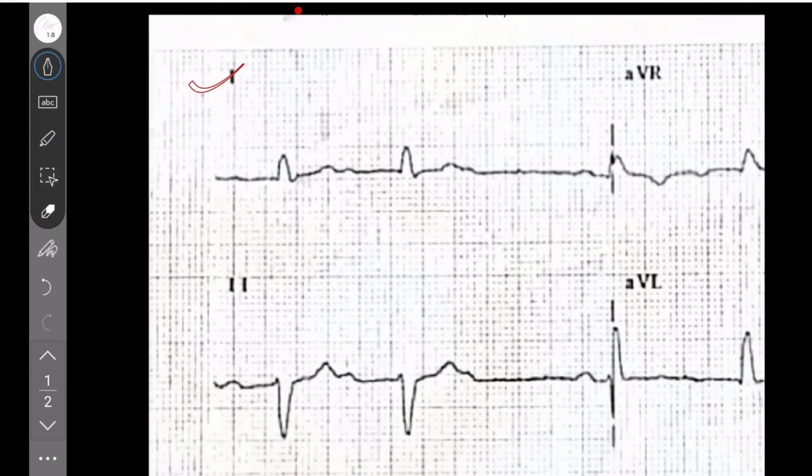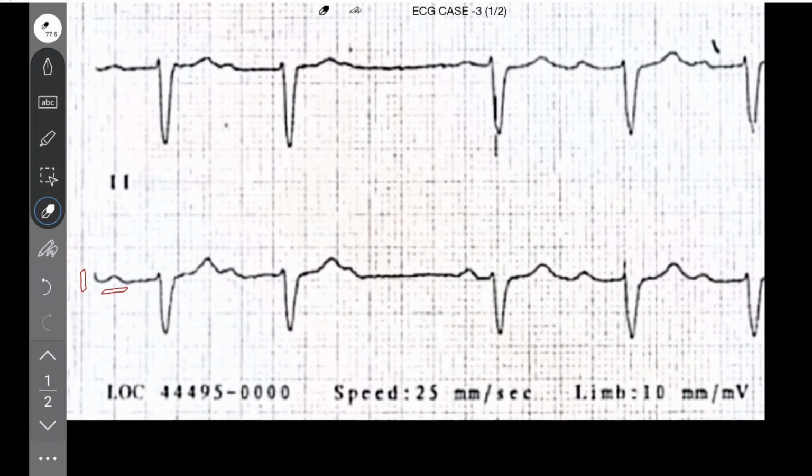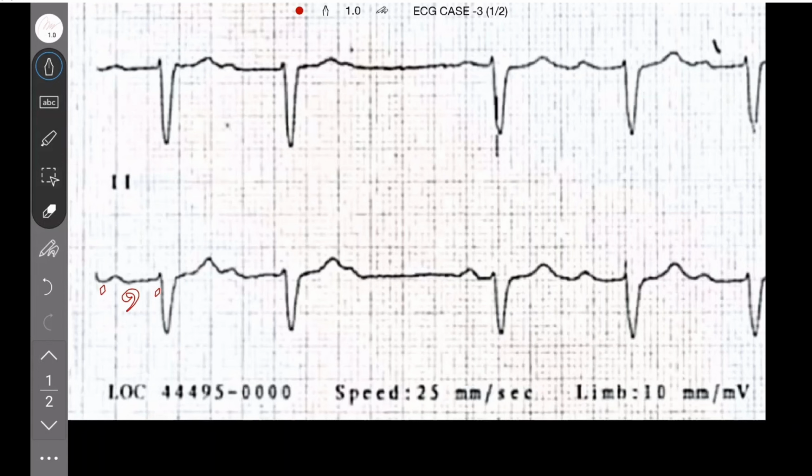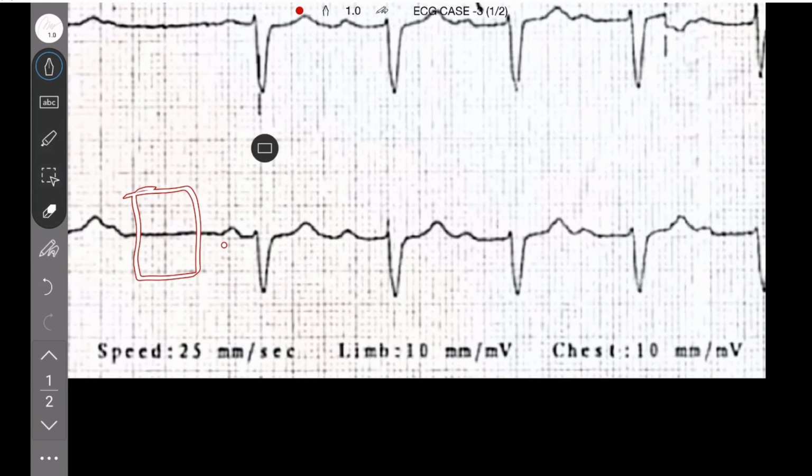Next comes the PR interval. In the lead 2 rhythm strip, you check the PR interval. First, from here to here, there are 9 small squares. From here to here, there are 11. Then here is a missed beat. Next, 7 small squares.